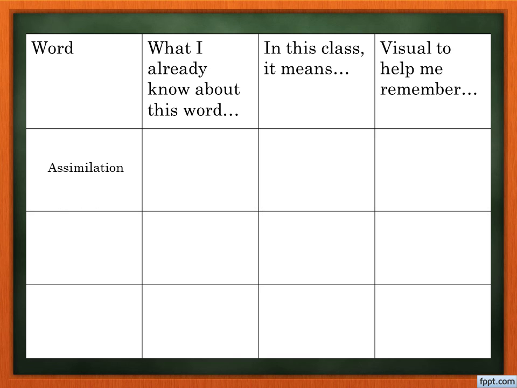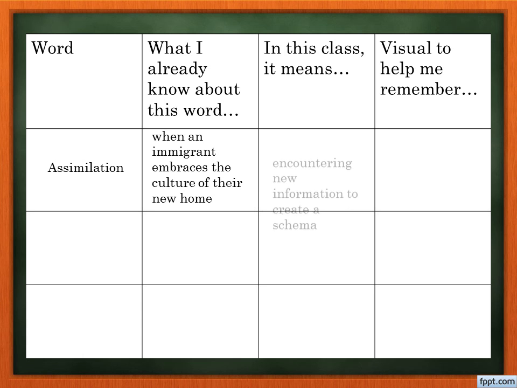So in this case, a student recognized the word assimilation, probably heard about it while discussing immigration in history class. So when an immigrant embraces the culture of their new home, and in this class it means encountering new information to create a schema. So you can see the definitions are somewhat related.